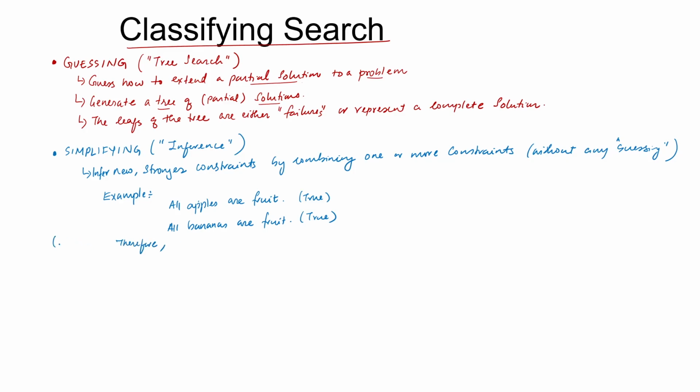This is the inference. Therefore, all bananas are apples. If you infer this, this is false. So the inference is more like a simplification aspect. If you see small kids, they see an elephant with 4 legs and then you show a cow, and it will say elephant. That is the kind of thing we are talking about.